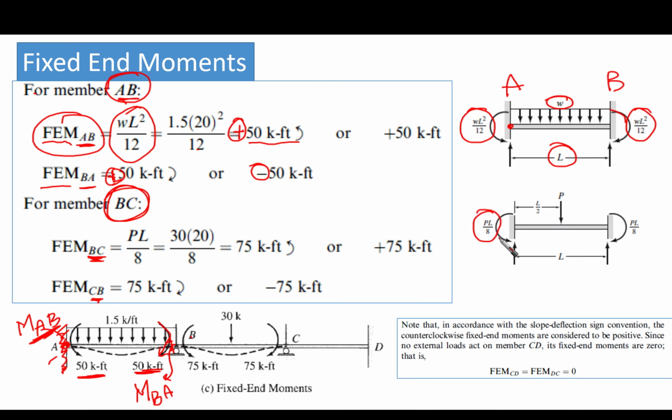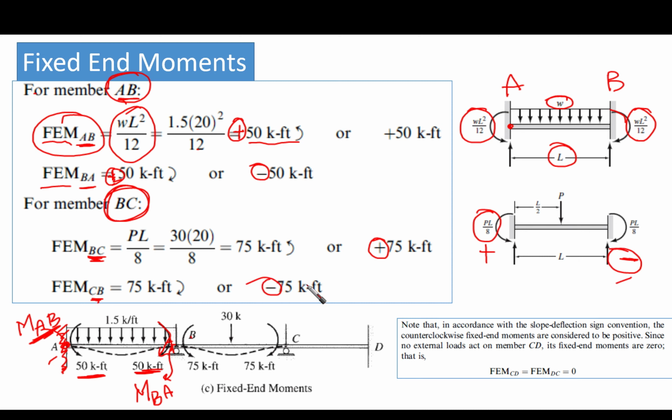So this is what? Exactly, it is counterclockwise, so it is positive. And here it is the same magnitude but a different sign, it is clockwise, so it is negative, right? So FEM BC must be positive. However, FEM CB must be negative, as you can see here.